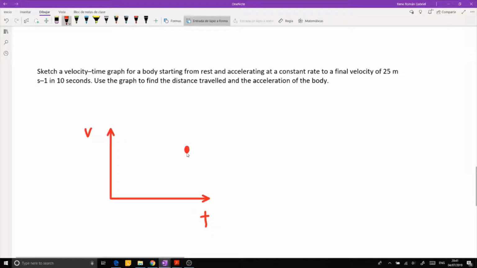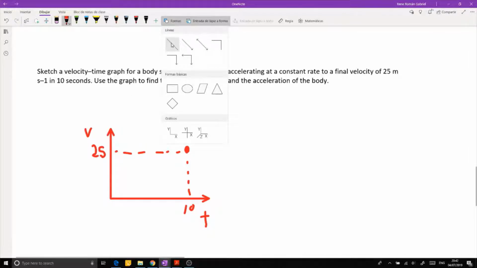Could be anywhere. So this would be 10 seconds and a speed of 25. And since it says it's going at a constant acceleration, so it's not going first faster and then accelerates at a slower rate, we have to draw that by the acceleration line being straight. So I'm going to get this straight line.